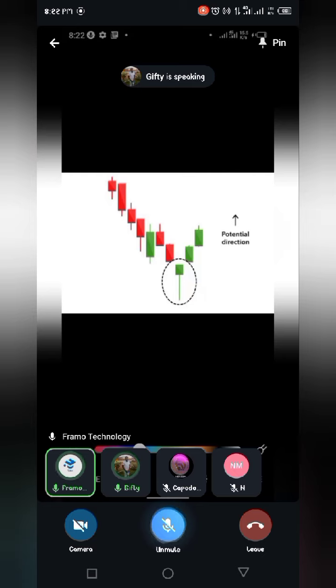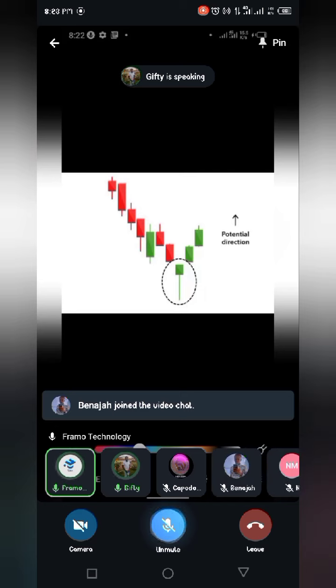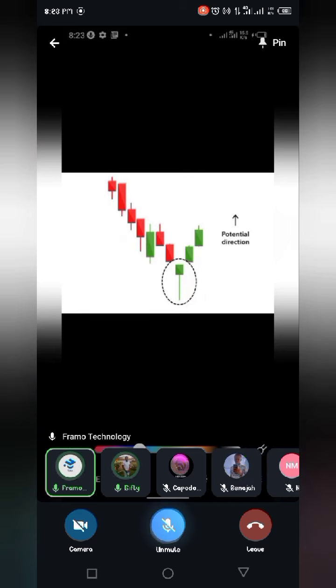You understand? The green hammers represent a bullish pattern. Please, are you okay with this? Yes. So you see from the image, it was formed at the bottom of a downtrend.